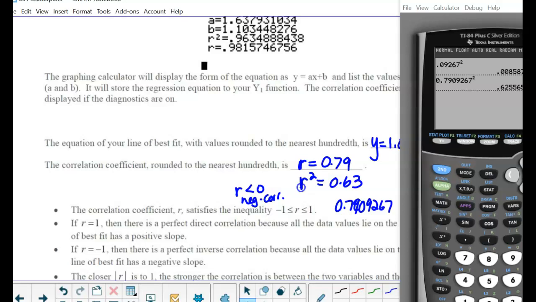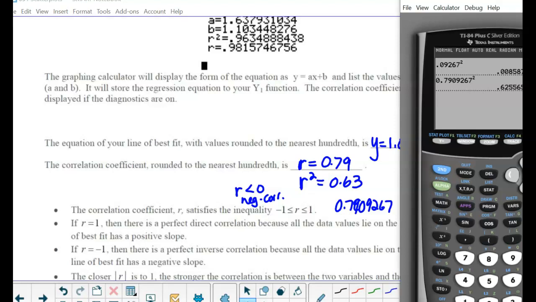The closer the value of r is to 1 or negative 1, the better fit it is for the points, or the closer the points are to the line. An r value of 1, or r squared of 1, means the points are all exactly on that line. Nothing is away from it. Anything less than 1 means there might be some points that are not on the line.